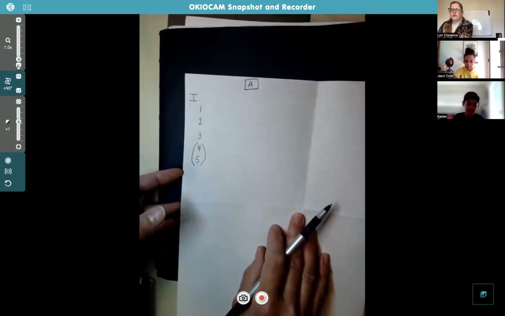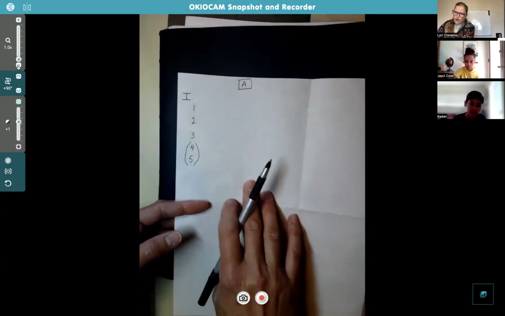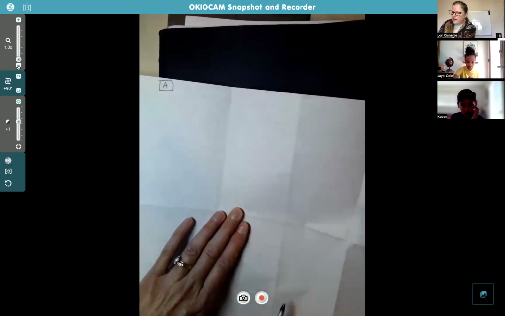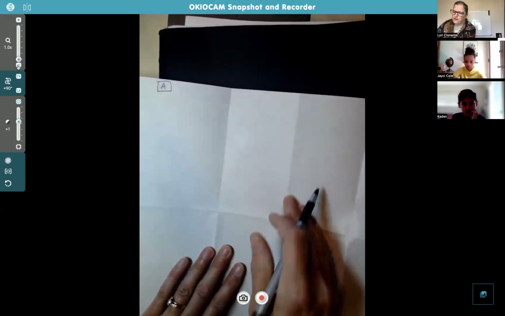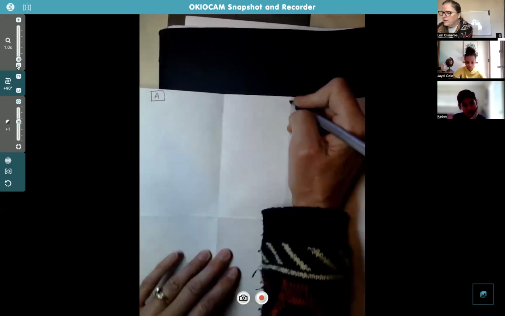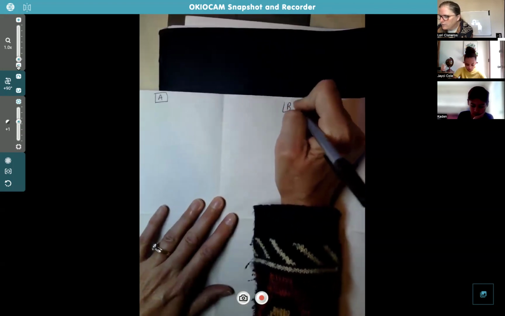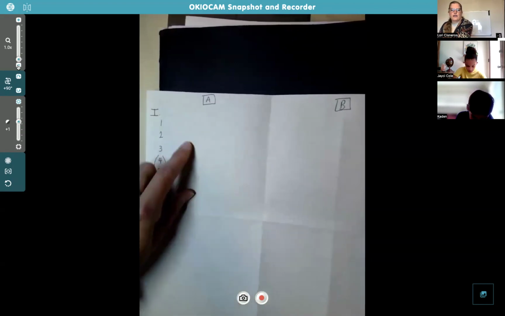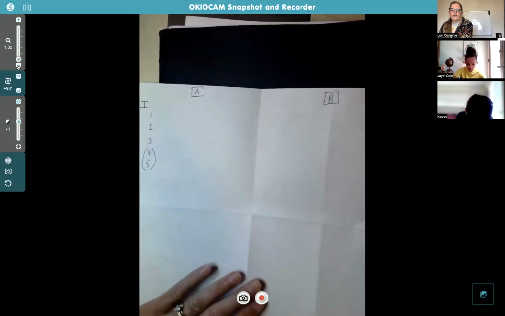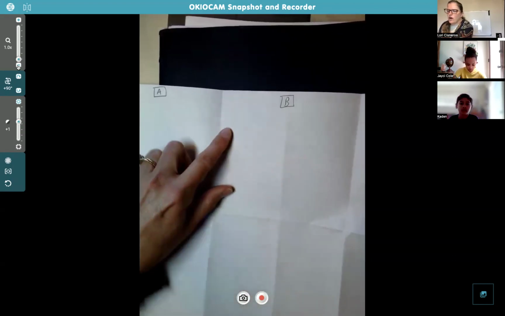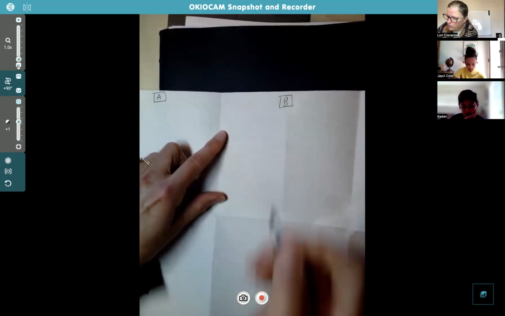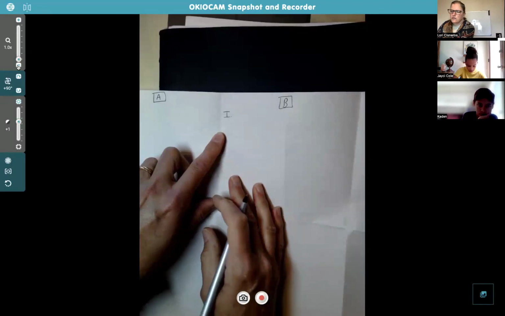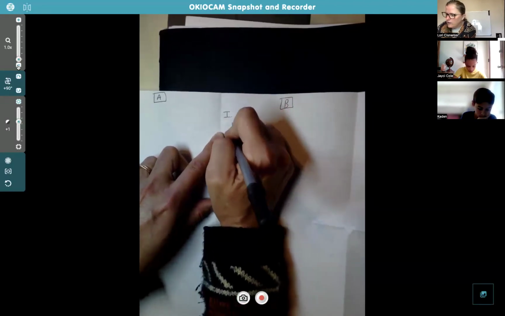Okay. And then you're going to move over to the next square. And Kaden and I have an extra crease right here, so we're going to ignore that. But at the top of that square, you're going to put the letter B. So we have A, Roman numeral 1, and then B. This is also going to be Roman numeral 1 again. So we're going to put 1 here. And then again, 1 through 5.